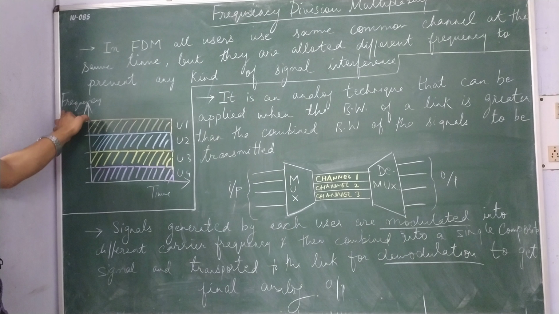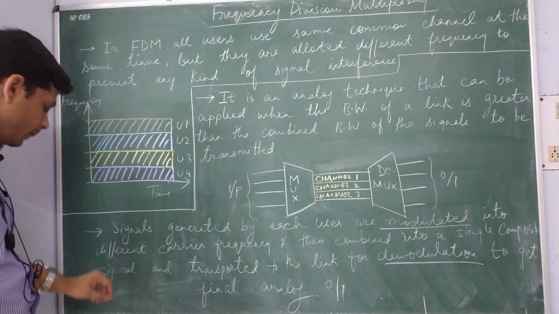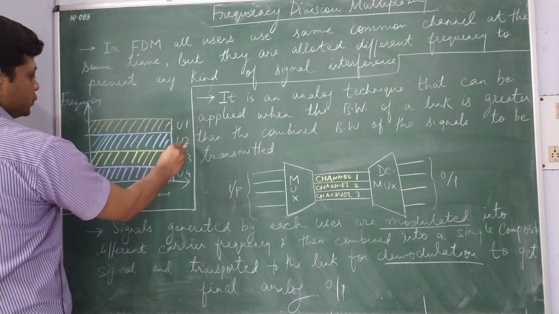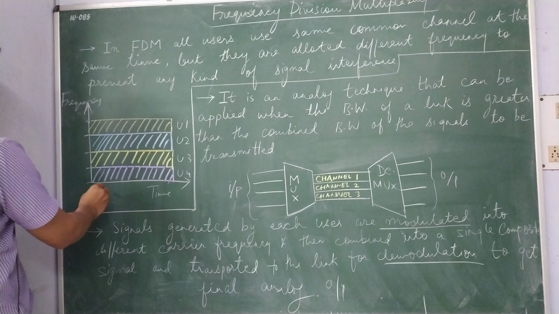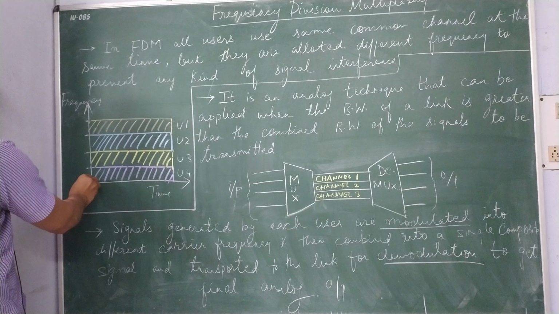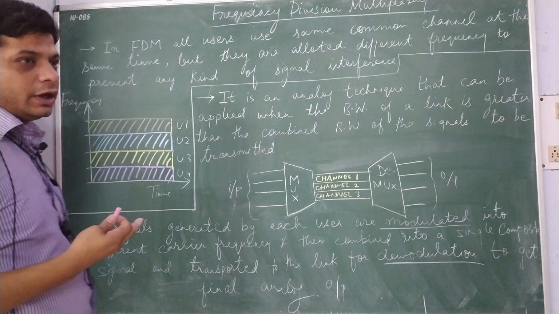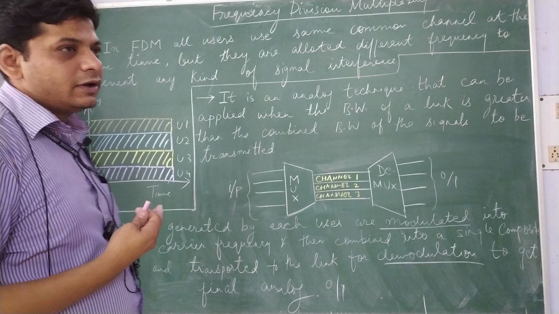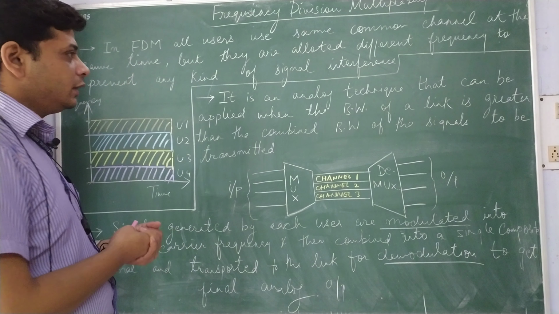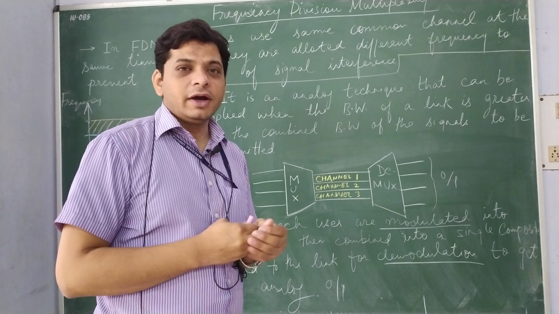Here we are having a frequency axis and here we are having a time axis. In this we are having different users, user 1, 2, 3, 4, and these users are allotted different frequency bands. I mean to say that from here to here we are having a bifurcation in frequencies, so that these signals can be easily multiplexed over the communicating channel, because the link which we are having right now is having a high bandwidth.